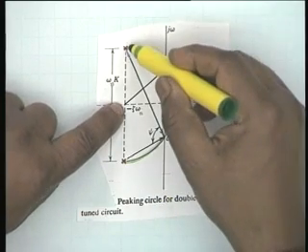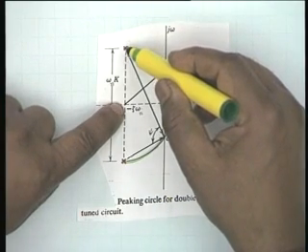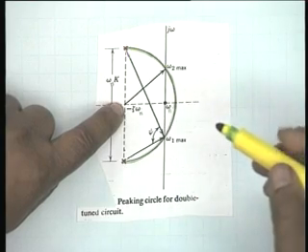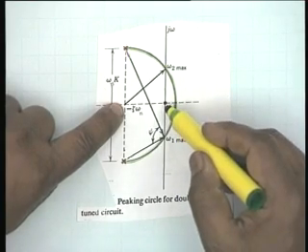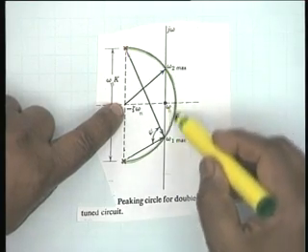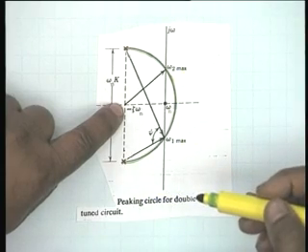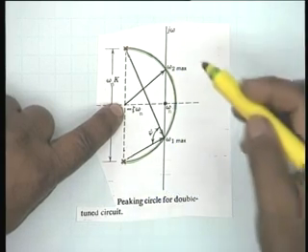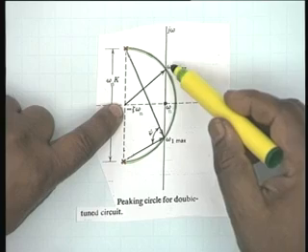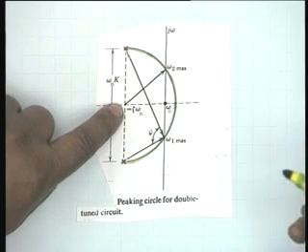We assume that omega n k by 2 is greater than zeta omega n, so that there are 2 intersections with the j omega axis. These intersections are called omega 2 max and omega 1 max.